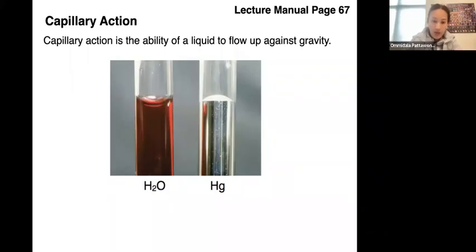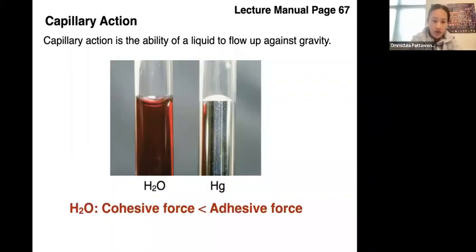Water is dyed in red, so that way it's easier for you to see. For water, you will observe that cohesive force is going to be less strong than the adhesive force, because water adheres to the surface really well, right? Because of the stronger adhesive force, you are going to observe the concave meniscus.